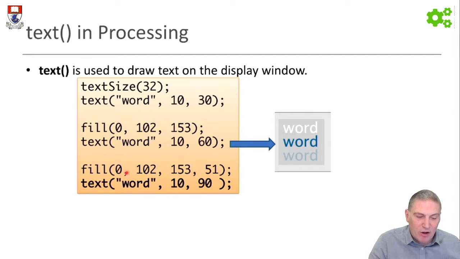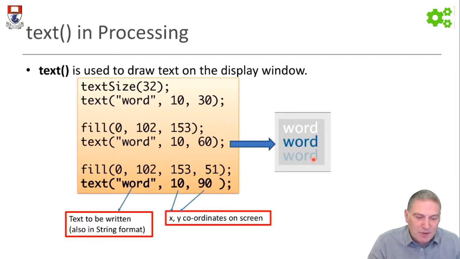We have RGB, and then we have an alpha, and the alpha is a word for transparency. Okay, we have alpha, which is transparency, and this says how transparent the text is. So you can see here, you can almost see the background coming through the text of the third word. Okay, so these are all examples of using the text function in processing.